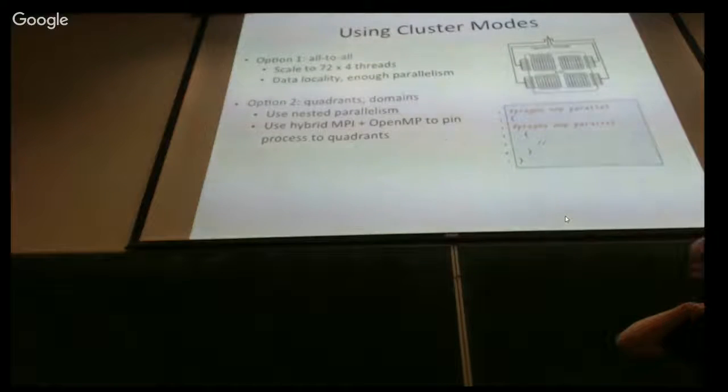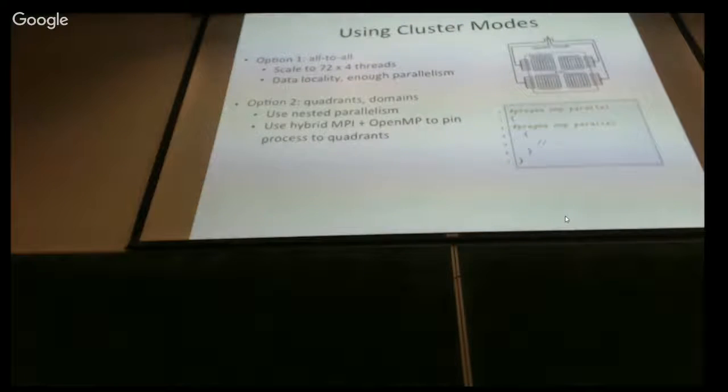So there you can use the Alt-All. And there you'll need to, again, localize your data effectively, and you'll have to have exposed enough parallelism in your algorithm to scale across all those hardware threads.